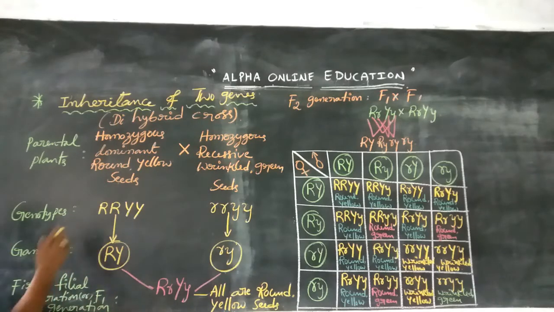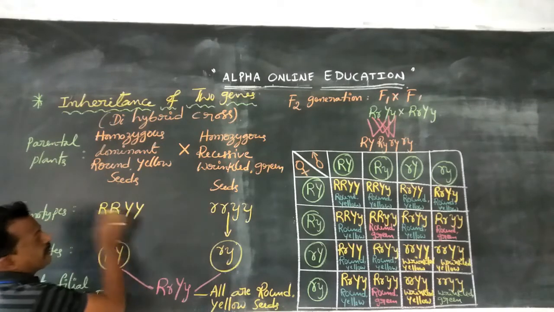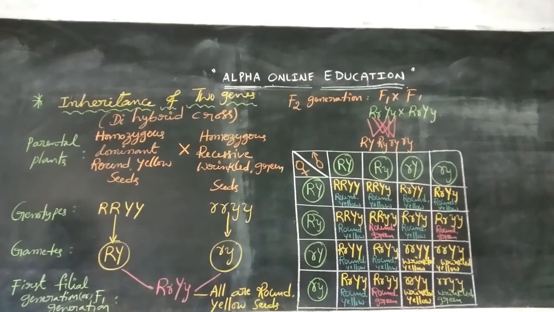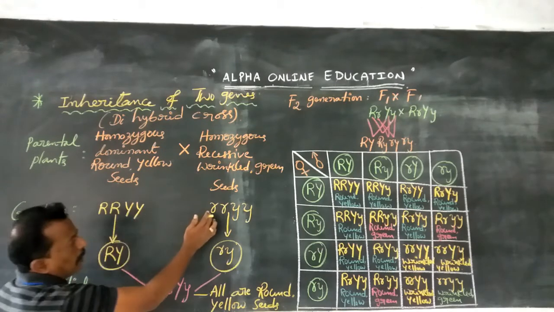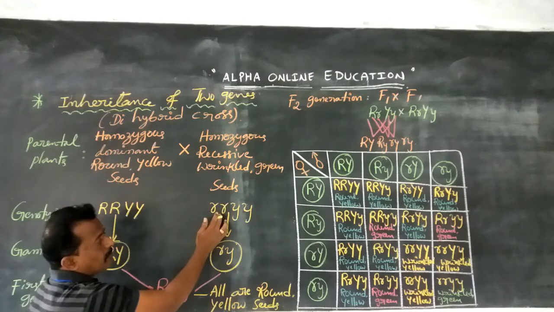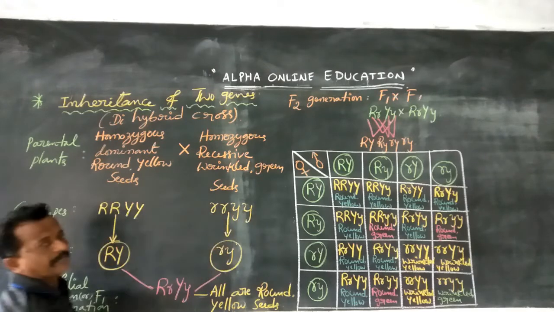These two plants carry two similar types of genes. These genes are their genotypes. One genotype is capital R, capital Y. The other genotype is small r, small y.